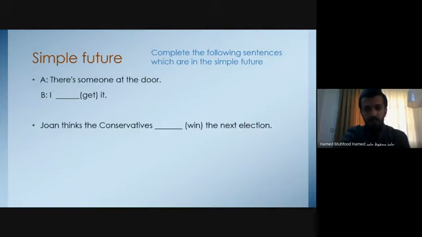So of course you can change them to be negatives. So maybe you can say Juan thinks the conservatives will not win the next election, or won't win the next election. That's right. Now the other one, if she passes the exam, she be very happy.